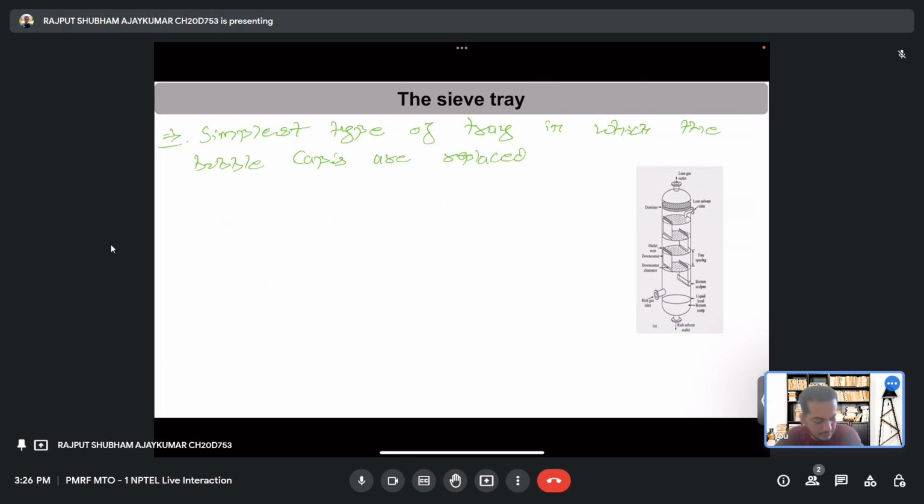Okay. So this is what a sieve tray is. There will be sieve perforations, or you can say holes or perforations, for the entrance of the gas into the liquid.